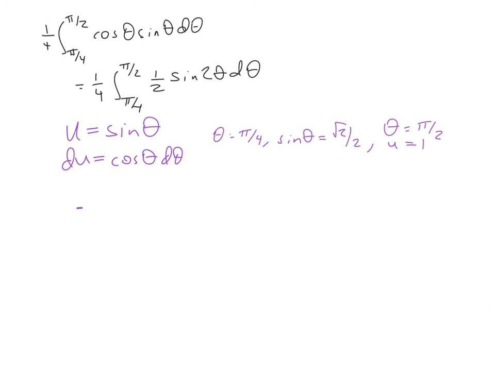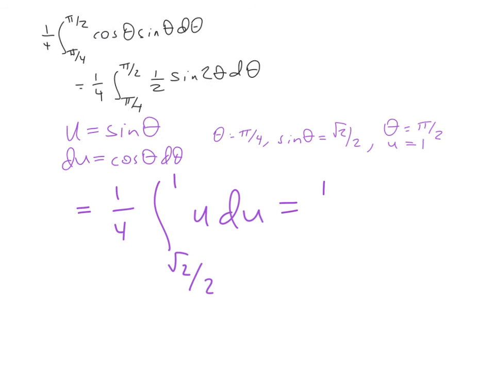So we could write our expression as 1/4 times the integral from root 2 over 2 to 1 of, let's group, so we have the sine theta, that's the u, and we have cosine theta d theta, that's the du. Okay, and so we could do either of these integrals, and this one looks quite straightforward.